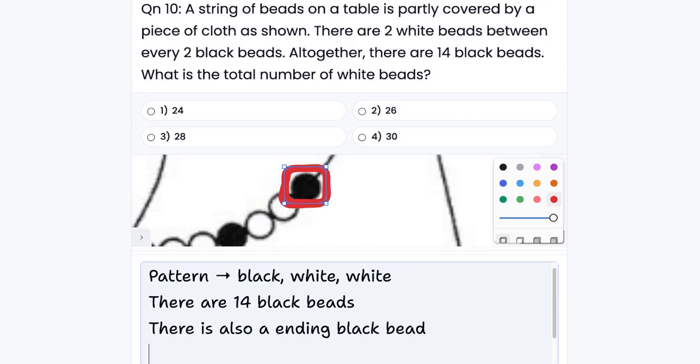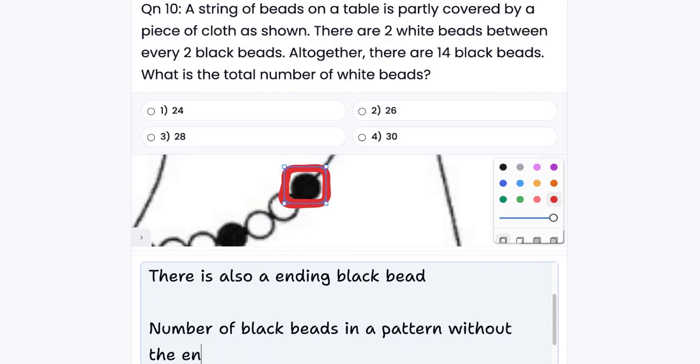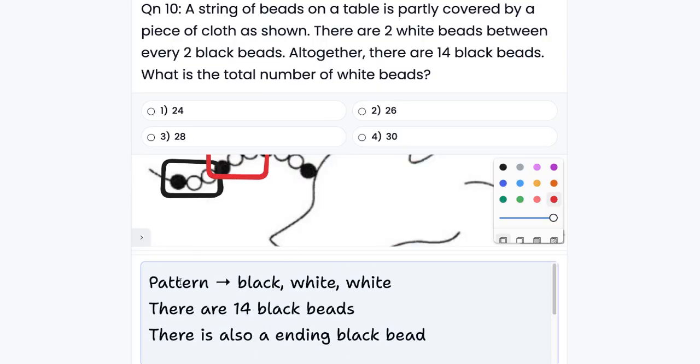So the number of black beads in a pattern without the ending is equal to 14 minus 1, which is 13. In this case, we have 13 pattern groups. I call it a pattern group.